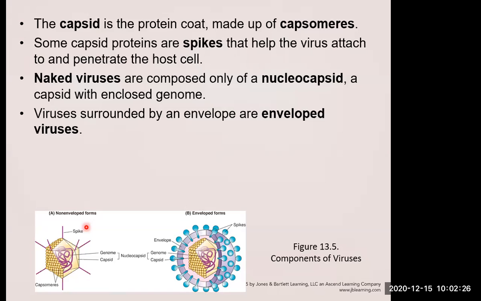An enveloped virus is going to be that nucleocapsid with an outer surrounding of lipids and proteins. And so that's shown here in part B of 13.5. Do you all remember in your reading where this envelope is derived from? Yes, this is going to be derived from the host cell through a process called budding.